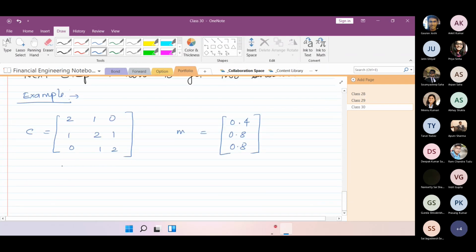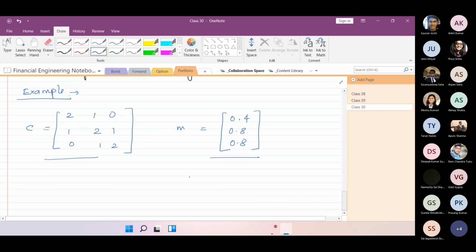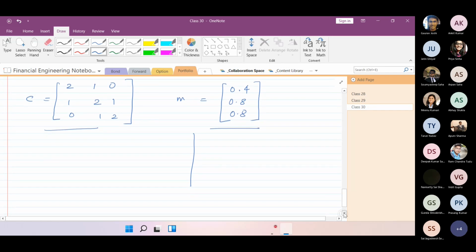So these are the only two things we need to know first, and we need to solve these three equations.